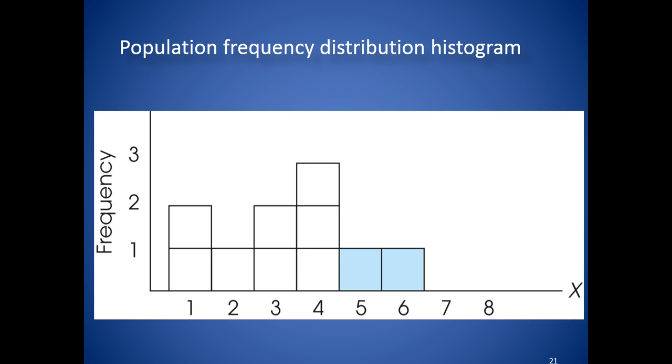So there you go, 1, 2, 3, 4, 5, 6, 7, 8 on your x-axis, and then you create your frequency. You put 2 blocks for 1 because there are 2 individuals who had a score of 1, and then there's only 1 for an individual who scored 2, and then there's 2 for those who scored 3, and then 3 for those who scored 4, and then 1 scored 5, and 1 scored 6.